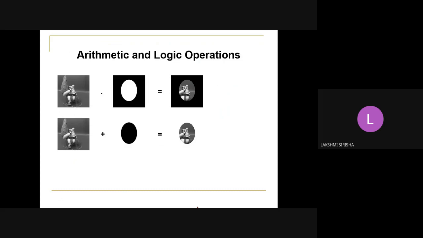And the second one is the logical OR gate. OR gate means addition. The oval shape indicates 0 because it is black color, and the remaining portion indicates white color. So 1 plus anything. Generally here 1 is nothing but the gray level value 255. 255 plus anything means more than 255, either 255 or more than 255.